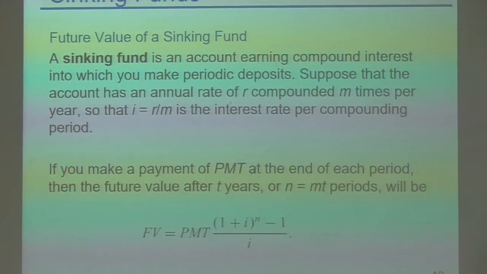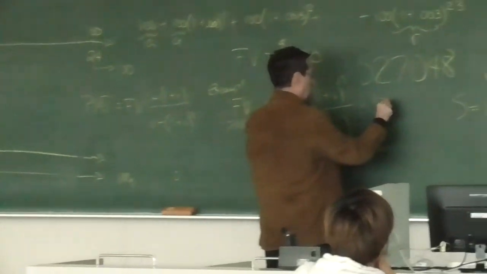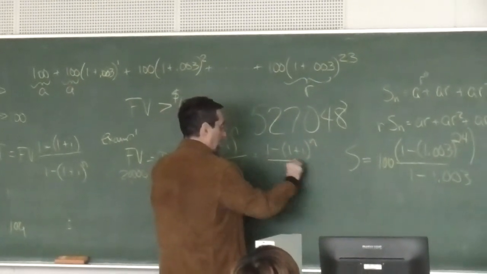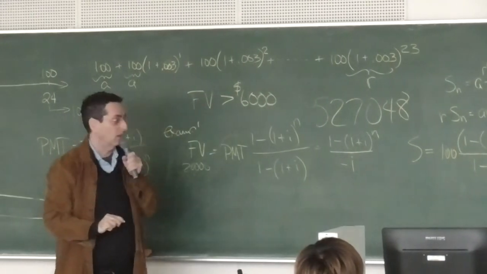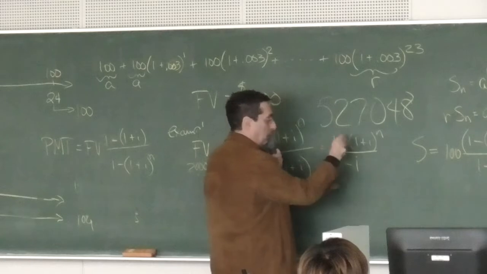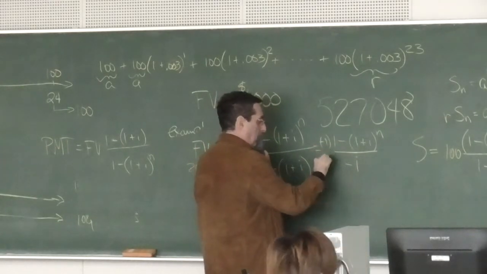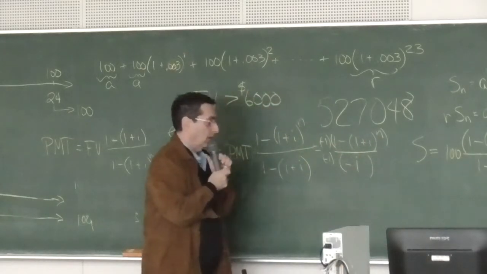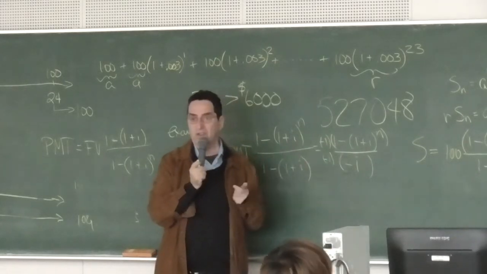So this is what I had, right? This is 1 times (1 plus i) to the n, and then I had minus i here, right? That's what we said. So if I multiply both top and bottom by -1, then this becomes plus, and these switch.